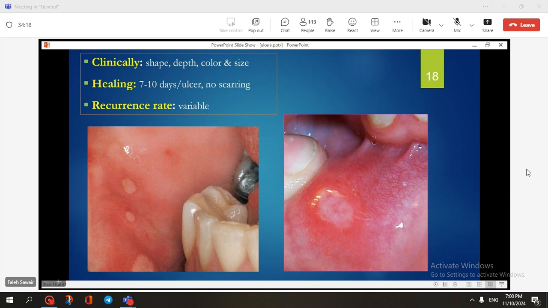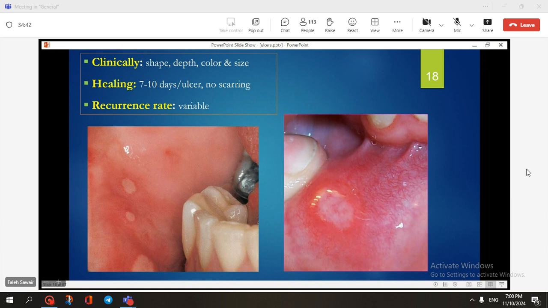As you can see here, there are multiple ulcers in some patients. The duration, as we said, is 1 week, 10 days, and then there will be healing. The healing will not be followed by scarring, because they are superficial, not that deep.